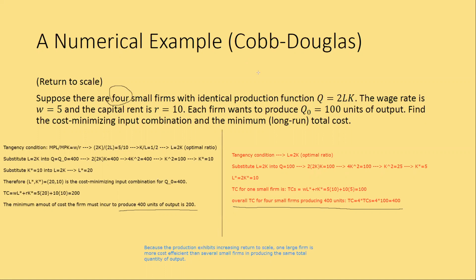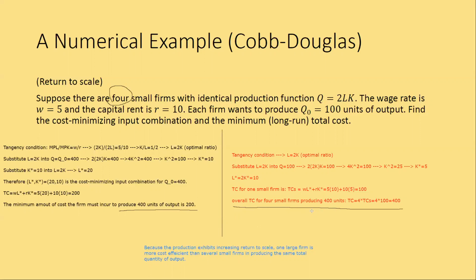So if you have a production function that exhibits decreasing return to scale, for example, then you will reach the reverse conclusion. You will find that several small firms are going to be more cost efficient in producing the same total quantity of output than a single large firm when the production function exhibits decreasing return to scale.